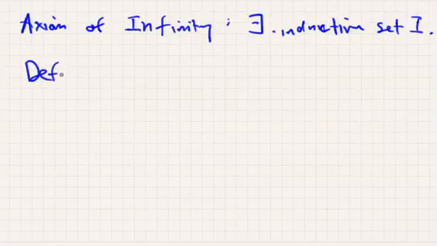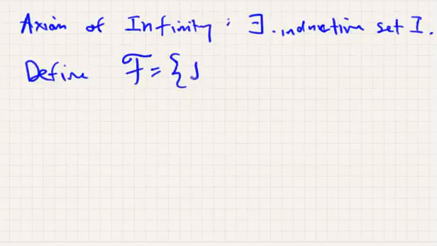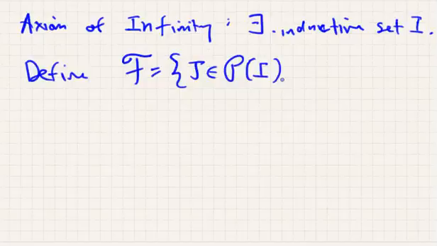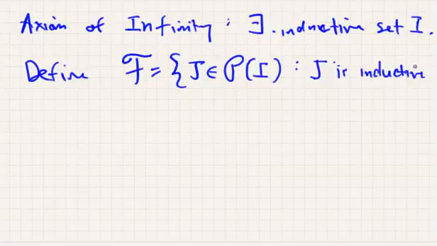Define fancy F to be equal to the set of all elements J of the power set of I such that J is inductive. In other words, this is the collection of all inductive subsets of I.